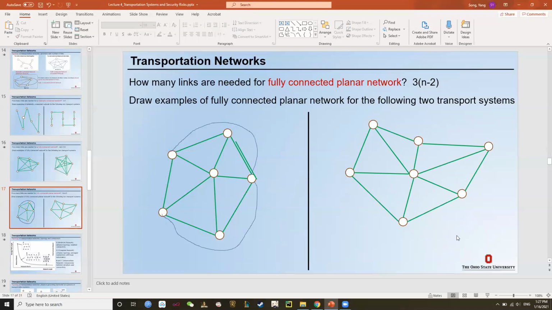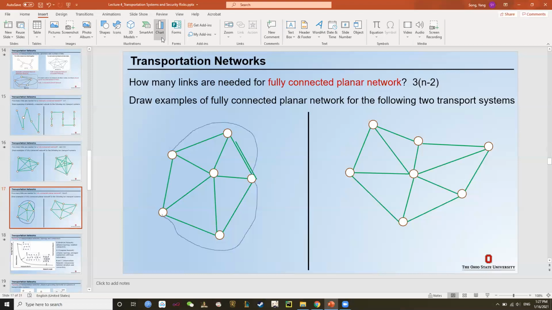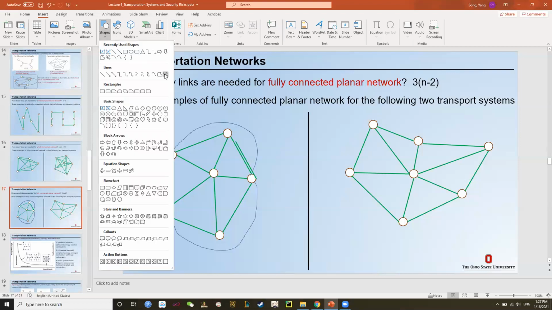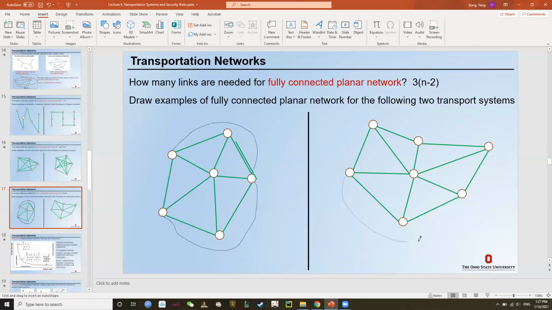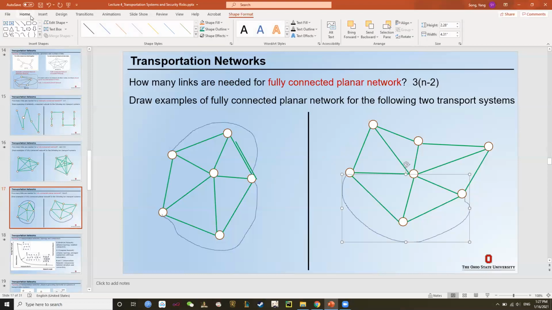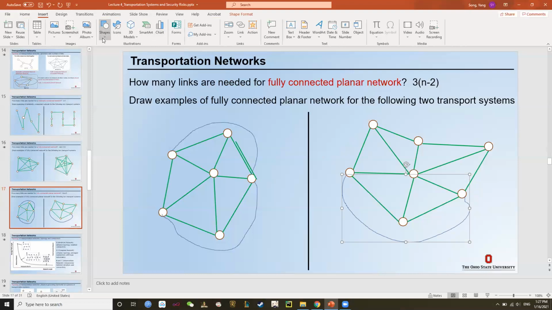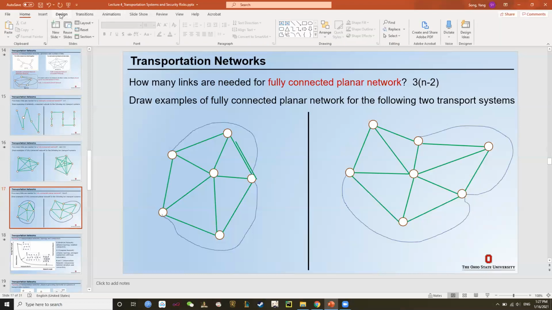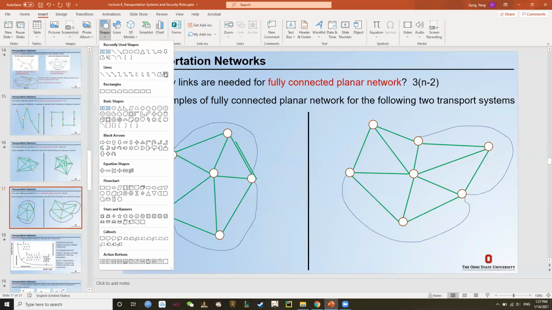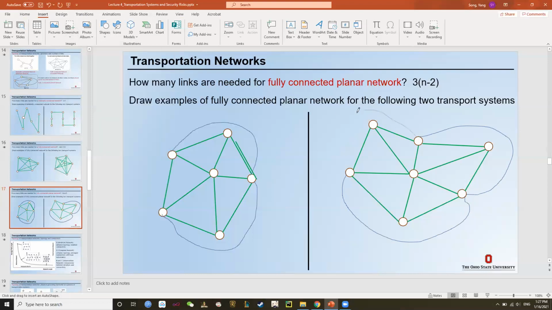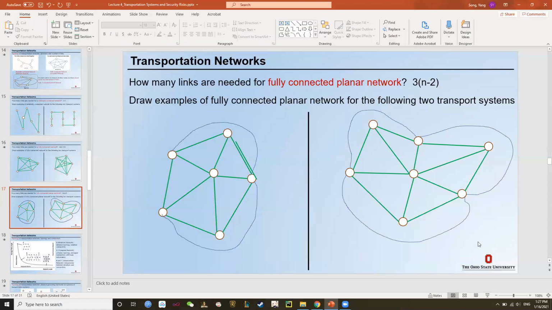So now we need to think about the rest, several, should be 3, right? 3 links that do not intersect with the rest of the links. Link 1, link 2, and link 3. Here we go.